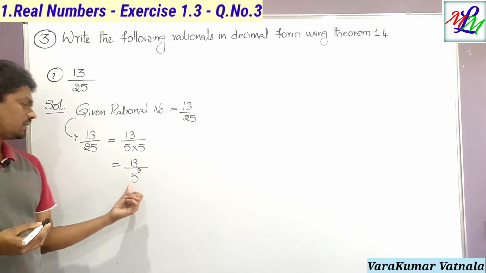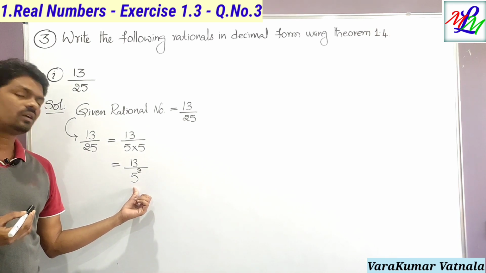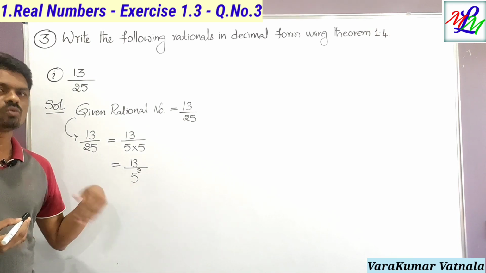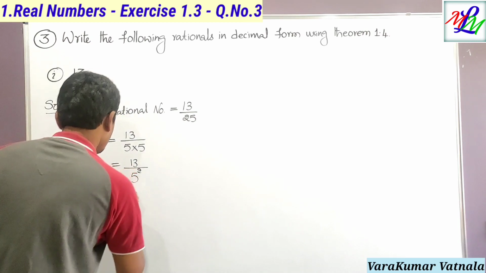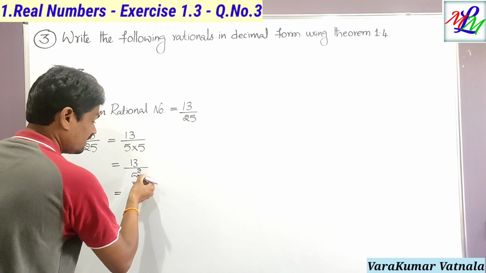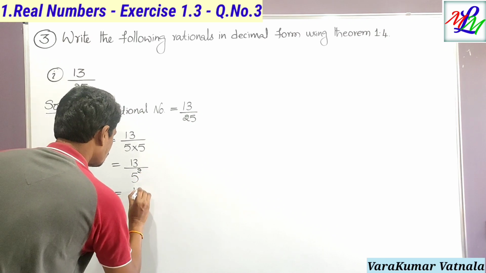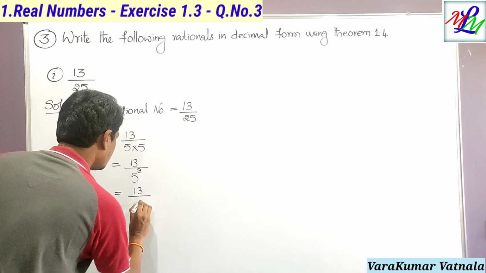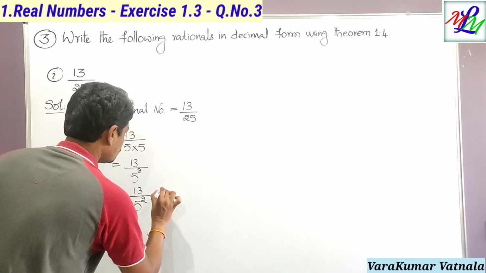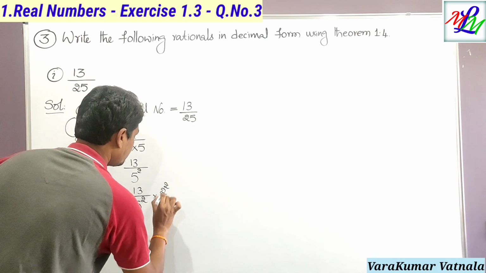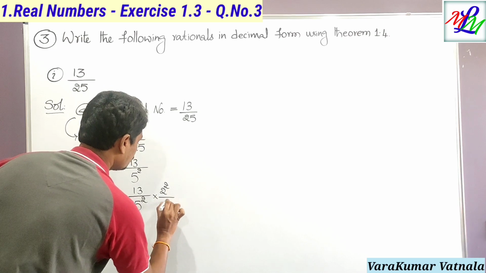To make 5 into 10, we have to multiply by 2. But here 5 to the power 2 is there, so I am multiplying and dividing by 2 to the power 2.